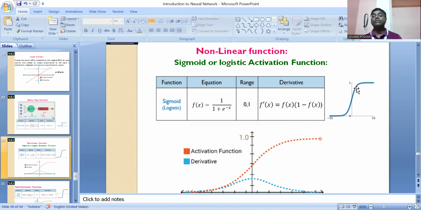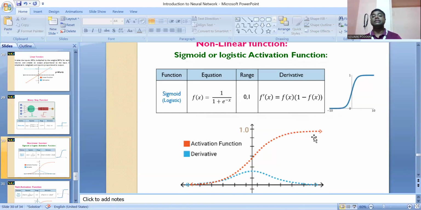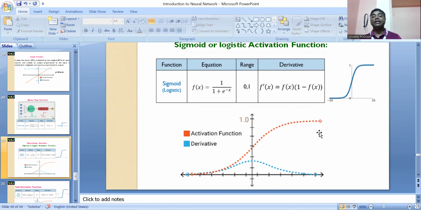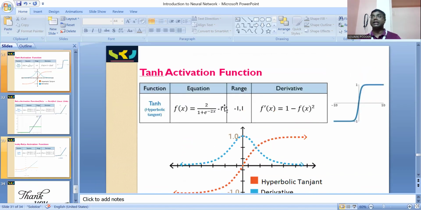The switching from 1 to 0 is basically a non-linear link, and its derivative will be f(x) times 1 minus f(x). Then coming to the tanh activation function, it is used for deep learning and image processing also. The tanh activation function basically has levels 1 and -1, but it resembles the sigmoid function.